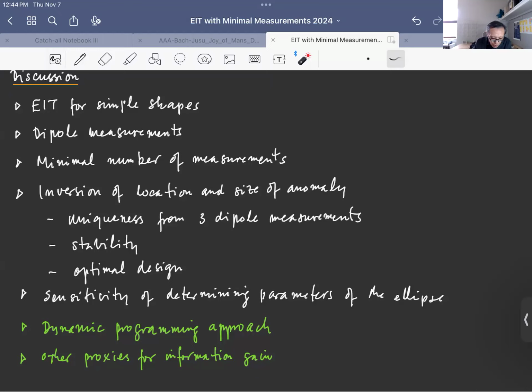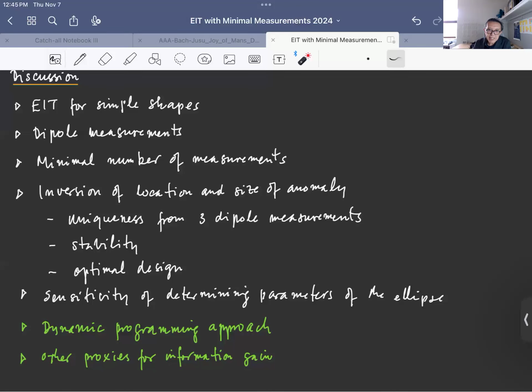I mentioned the dynamic programming approach, which could be interesting to do, and that maybe there are other proxies for information gain in terms of measurements. We have explored the KL divergence and possibly the condition number of the Jacobian of the forward map.